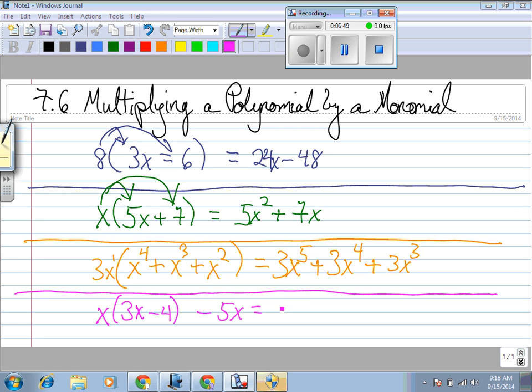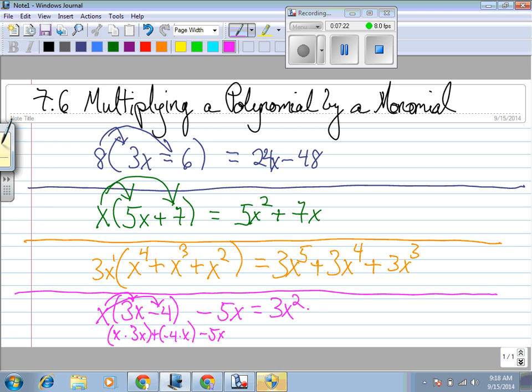Almost all of you got it correct. The final answer is 3x squared, because you have x times 3x, which will give you 3x squared. Okay, and then you have negative 4 times x, minus 5x.